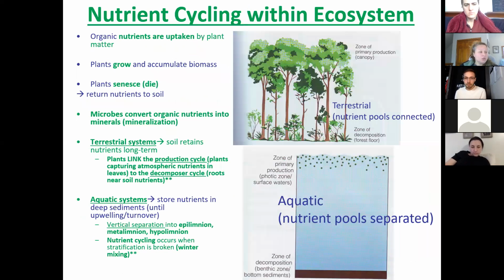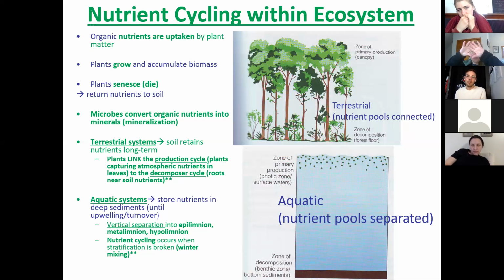Now, I want you to look at this visual. There's a lot of words here, but let's look at the picture, okay? On land versus in the water, I want you to think about where productivity happens and where decomposition happens. So on land, production occurs, NPP is created, usually in leaves, so you can think in the canopy.